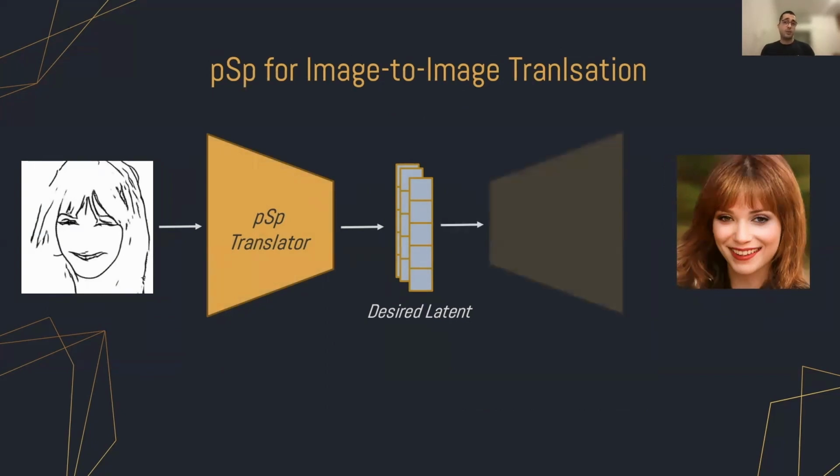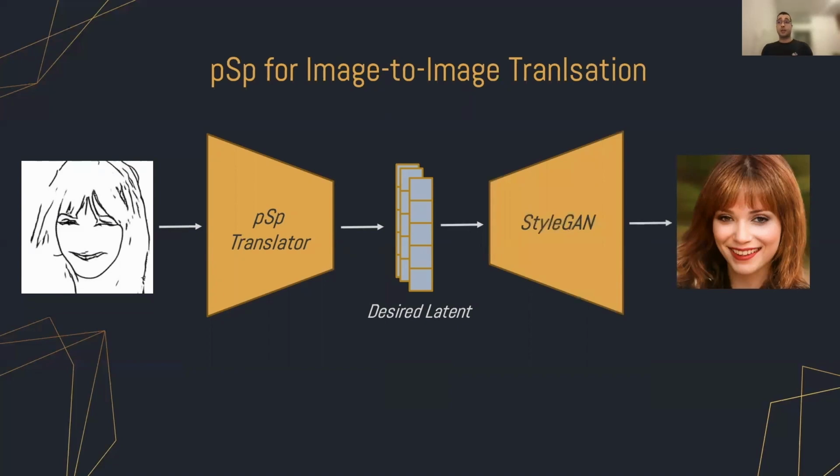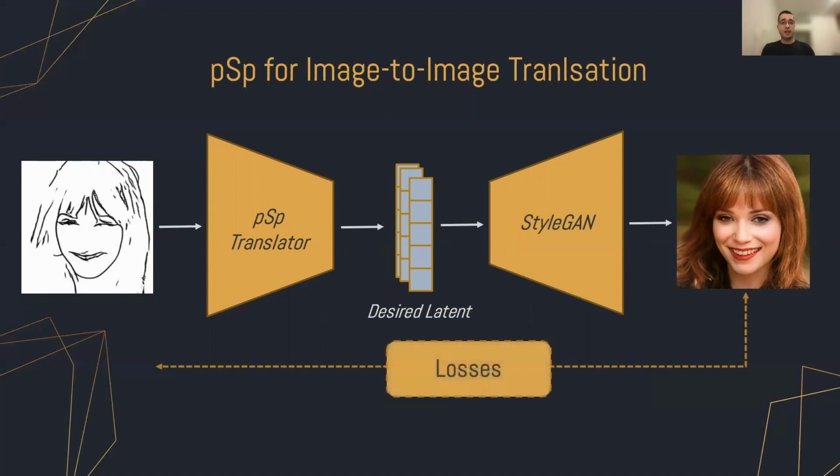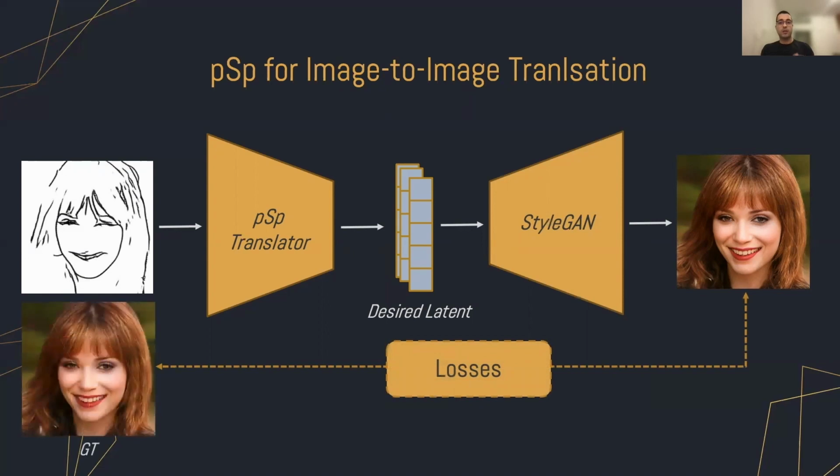And now, since we use the pre-trained StyleGAN generator, we are able to easily leverage its amazing image quality. Right? And the training scheme is almost identical to the inversion training scheme that we just saw. Now, all we have to do when training our translator is compare not the sketch image to itself, but rather the output image that we get to the right with the original ground truth image.